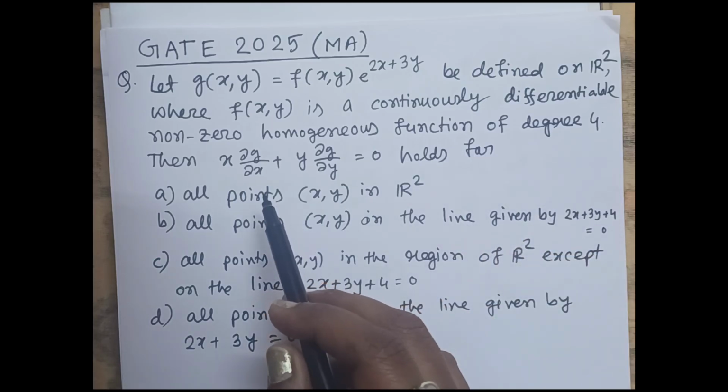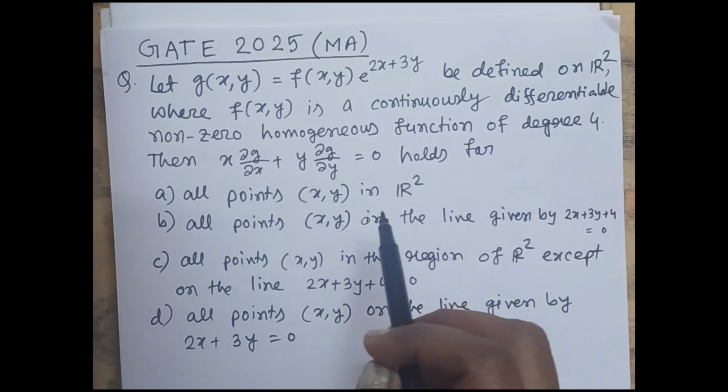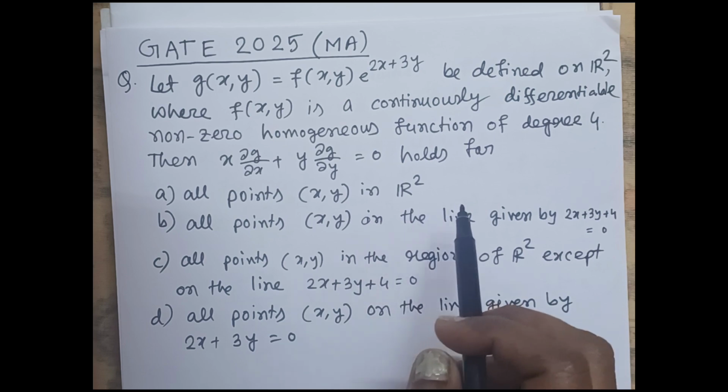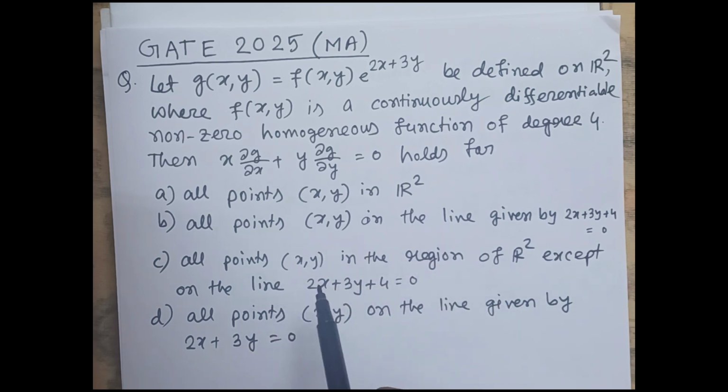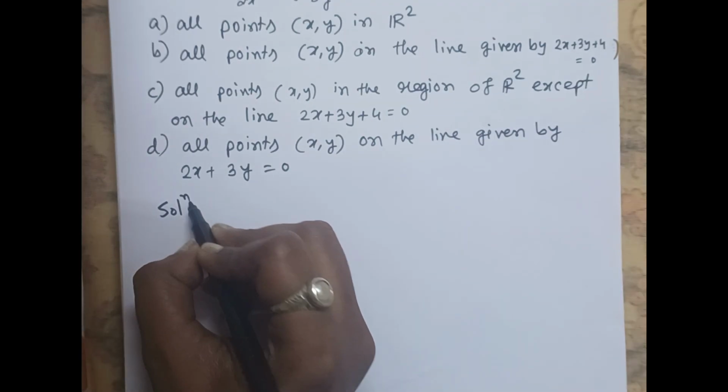Then x ∂g/∂x + y ∂g/∂y = 0 holds for all points (x,y) in R²; all points (x,y) on the line given by 2x+3y+4=0; all points (x,y) in the region of R² except on the line 2x+3y+4=0; or all points (x,y) on the line given by 2x+3y=0. So let's start the solution.